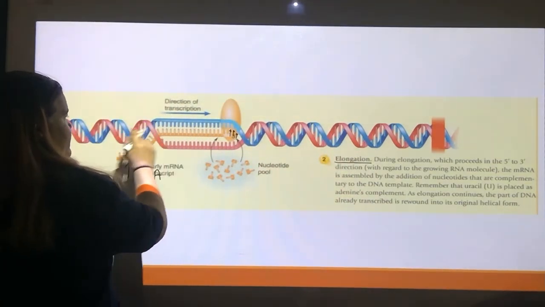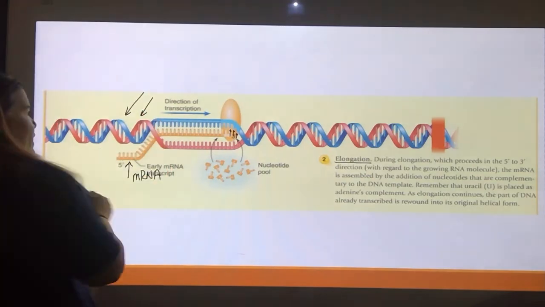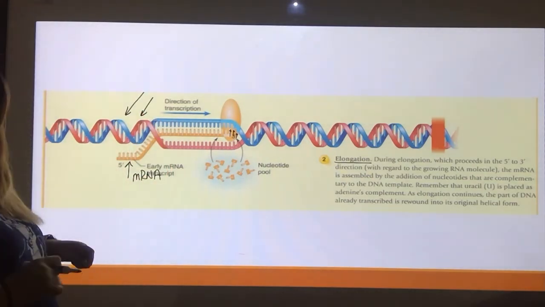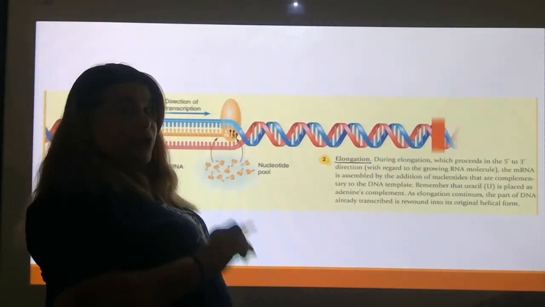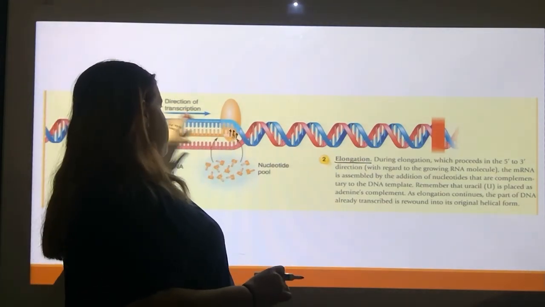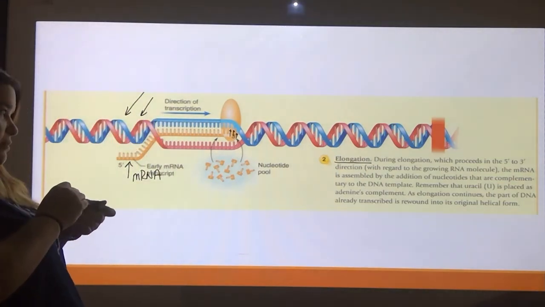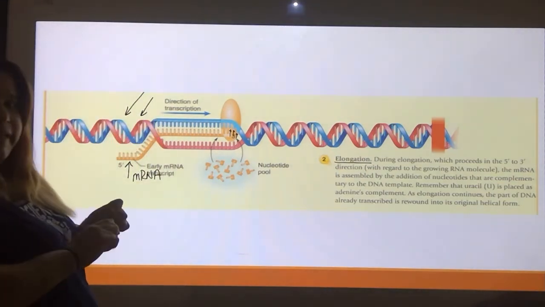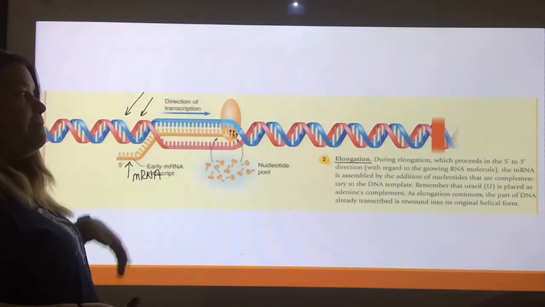It unzips, but as it reads, this piece that I've already read starts to coil back into itself. Literally, I'm unzipping and making as I go, and the minute that I'm done, it coils back in or rewinds into its helix or twisted ladder pattern.